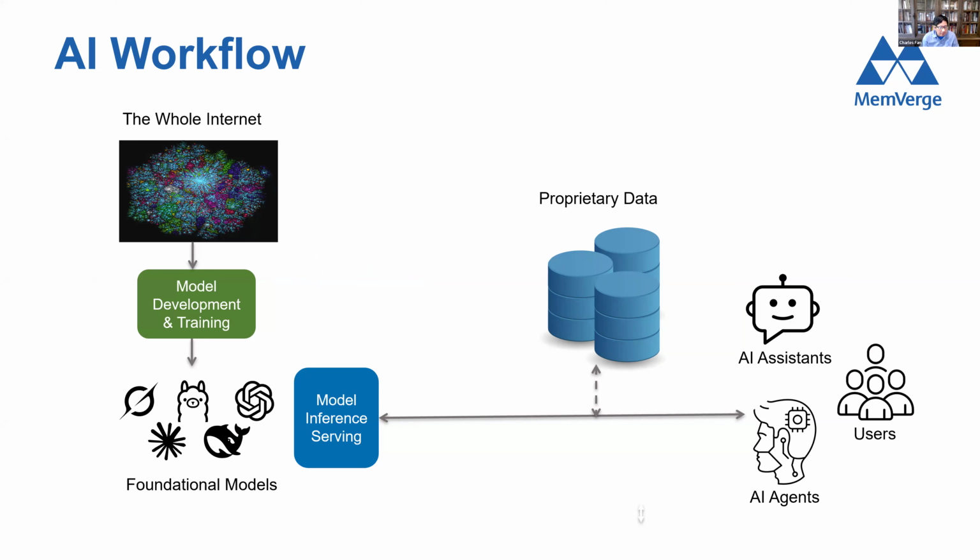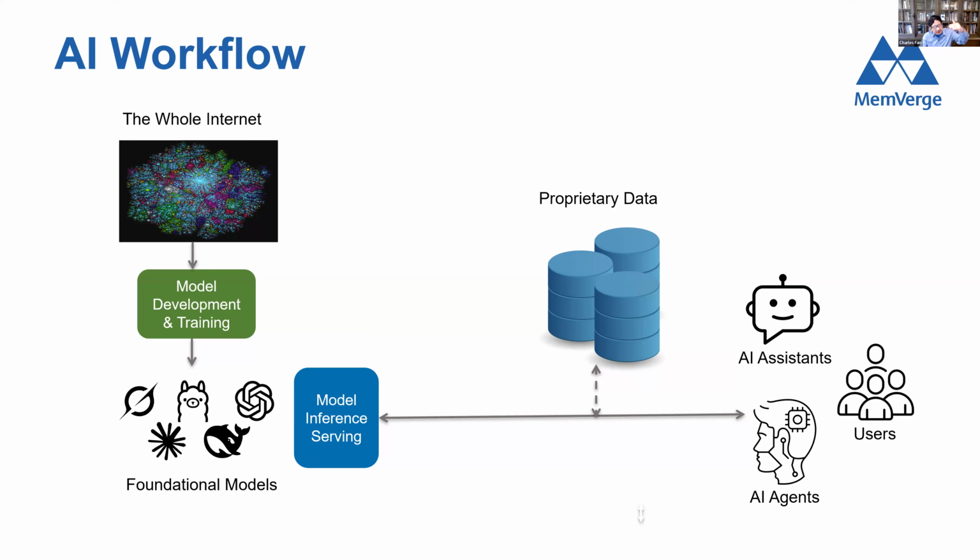And based on transformer models, these models were able to internalize the universal knowledge that's captured by the internet and are able to understand and generate language and other information forms based on any queries users have, whether it's from the users directly or from the AI agents that represent the users.